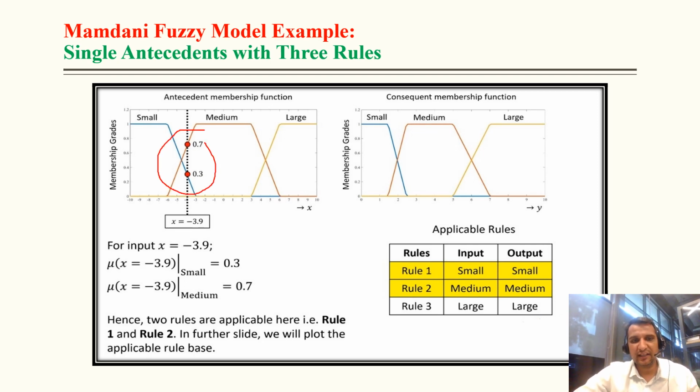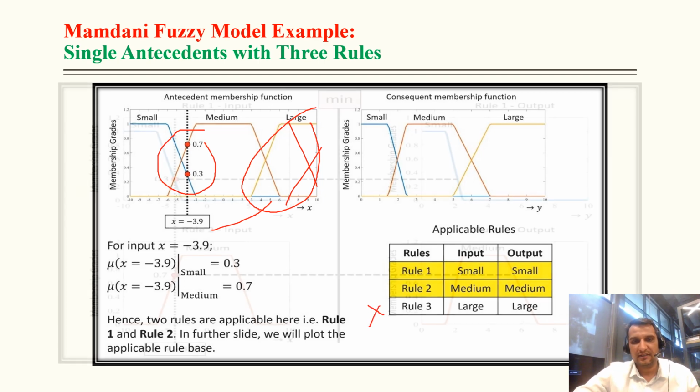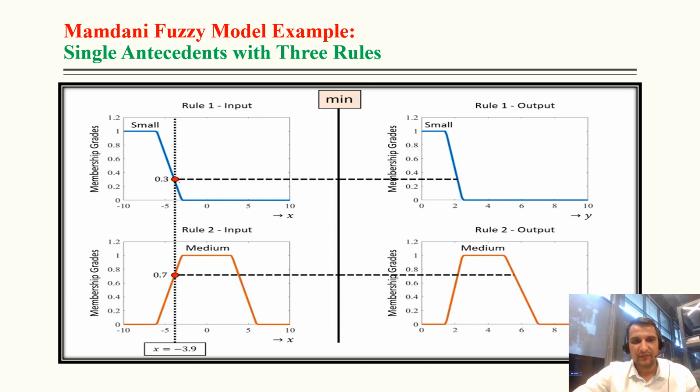Because it is not engaged with the large area, rule 3 will not fire, so this rule will be obsolete. Now how to calculate? We have to cut the small region at the 0.3 level, and the medium region at 0.7, and after that we have to take the maximum of these. So this and this will be combined.